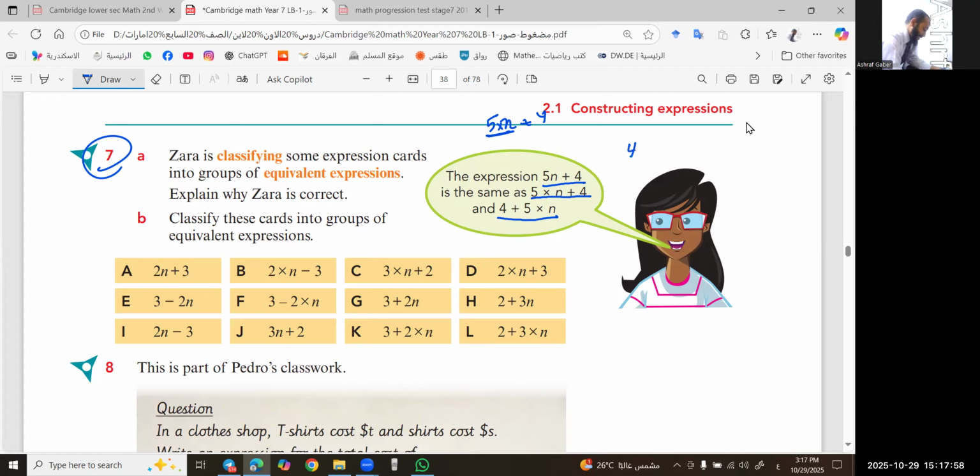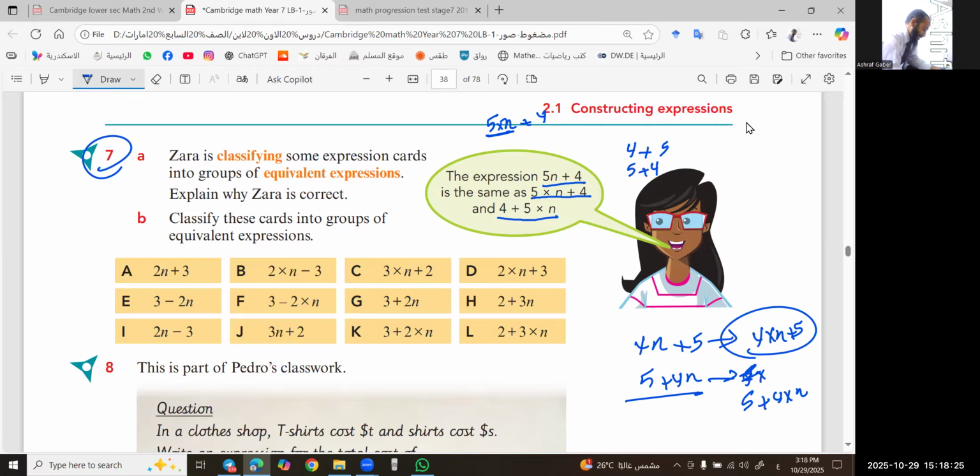If we write 4 plus 5, this equals 5 plus 4. So 4n plus 5 equals 5 plus 4n. And 4n equals 4 multiplied by n, plus 5. So we can write this as 5 plus 4 multiplied by n. All of these expressions are equivalent.